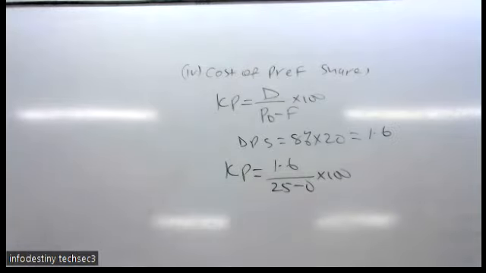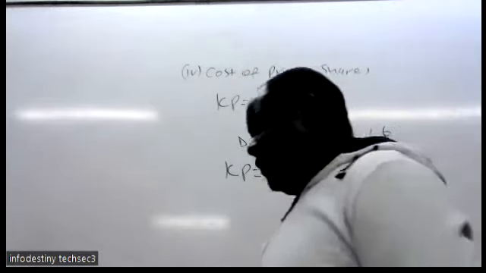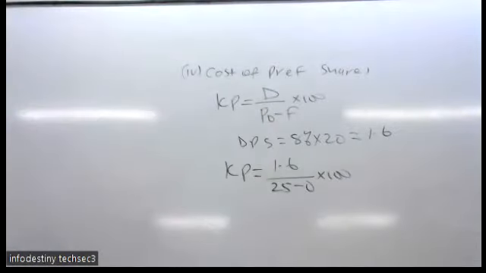So finally, we go to Roman letter 5, the weighted average cost of capital of the firm.